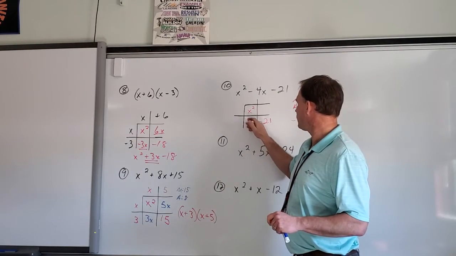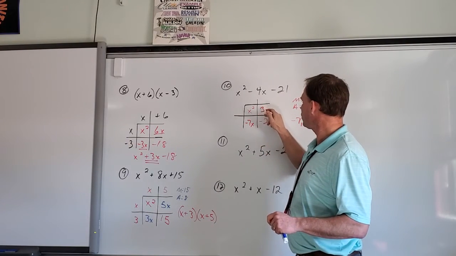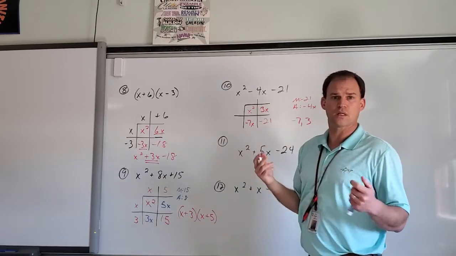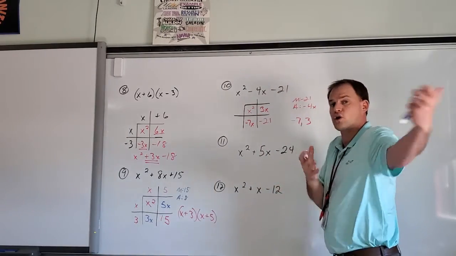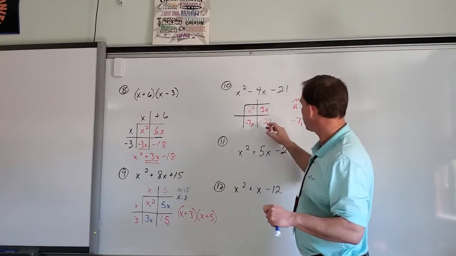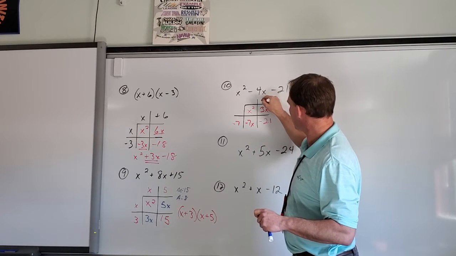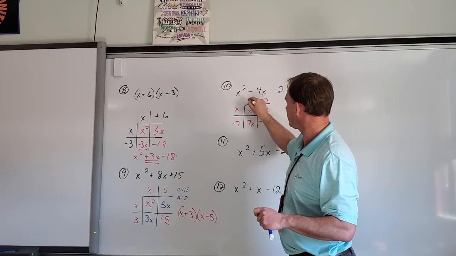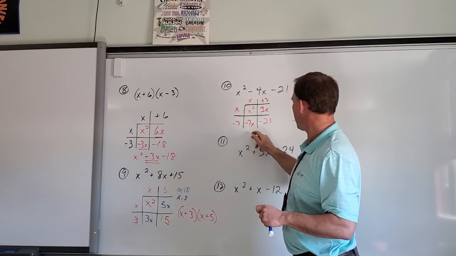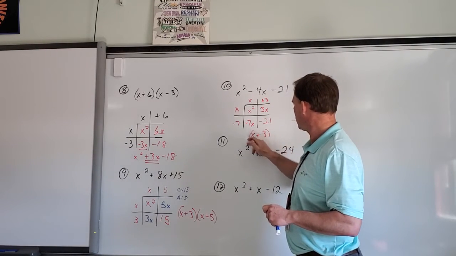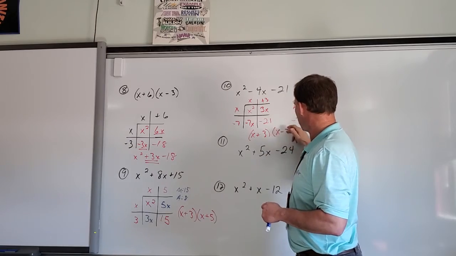So then I fill them in. It doesn't matter which way you put them. You'll get the same answer at the end. And then you work backwards. You factor. So what multiplies here? Negative 7. That's positive 3. And they have the x's here. X plus 3. X minus 7.